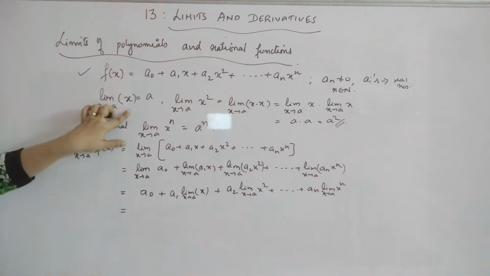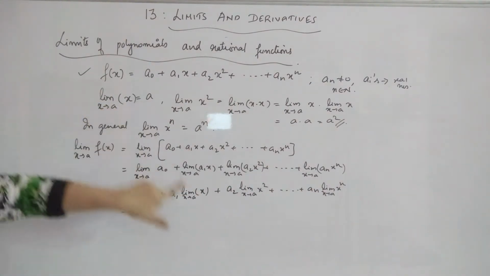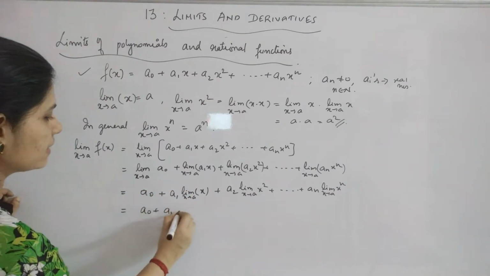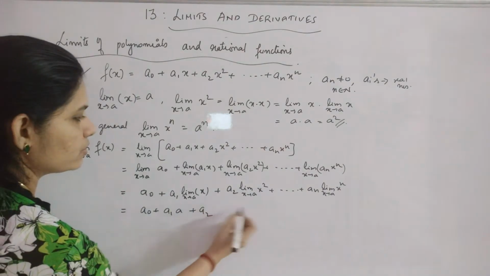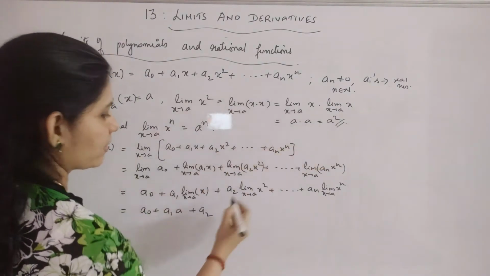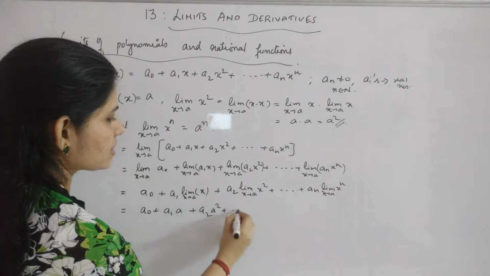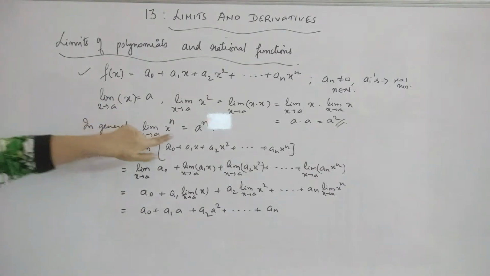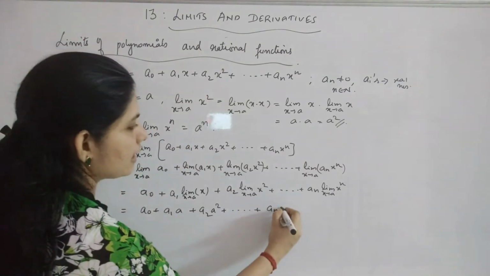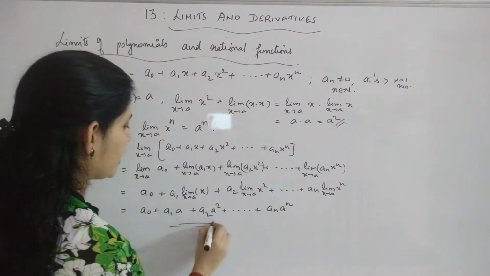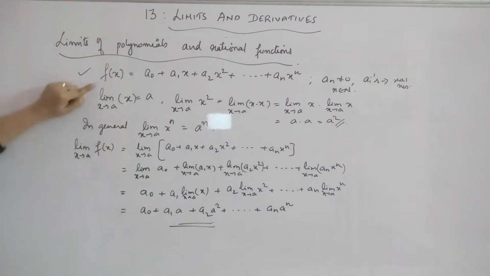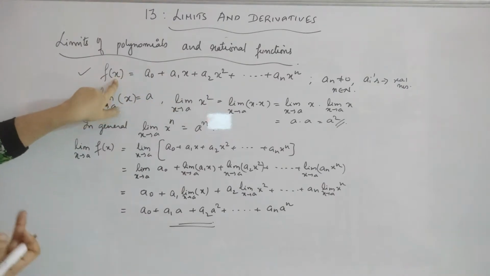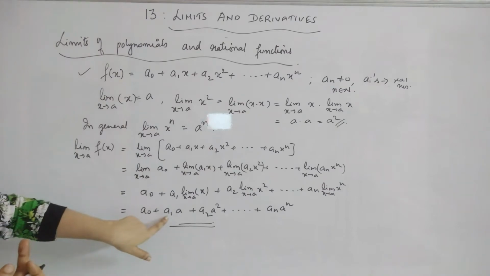Now again we have discussed that limit x tends to a, x is a, so this term will become a, right? So we'll have a naught plus a1 a plus a2. What will happen to this? This is a square, so a2 a square plus etc plus an, limit x tends to a, x raised to n is a raised to n, so here you will have a raised to n. And this is actually same as if you see for f of x, wherever you have x, if I replace it with a, I will get a naught plus a1 a, right?